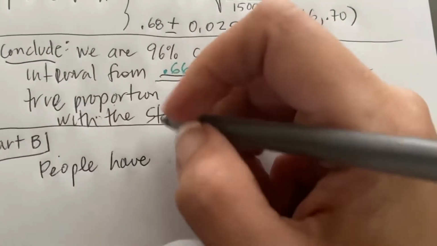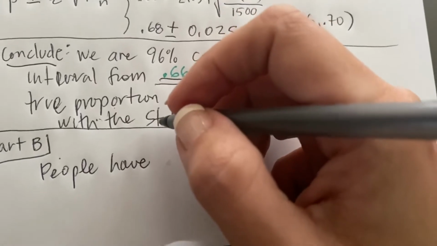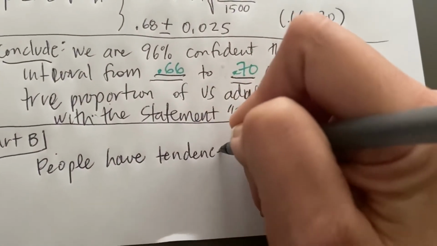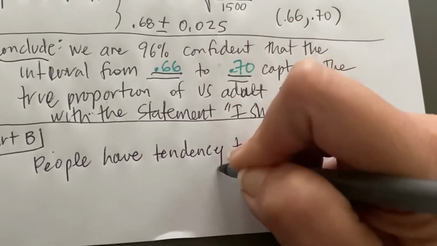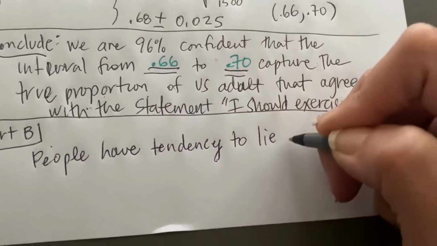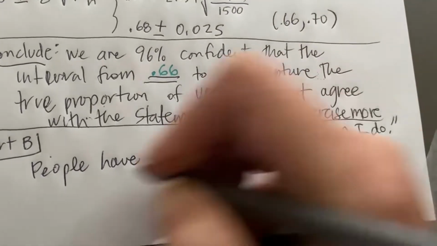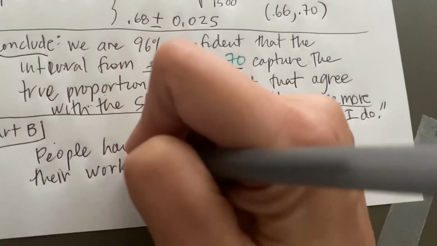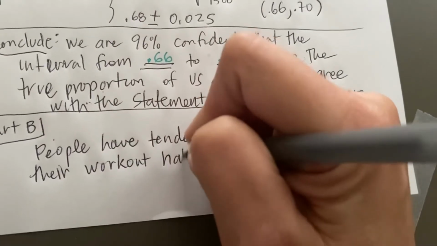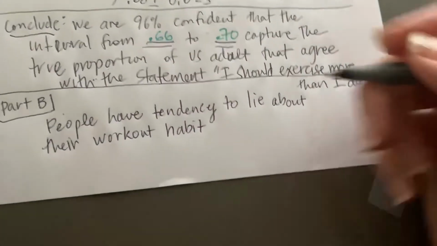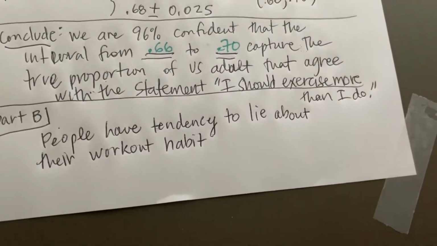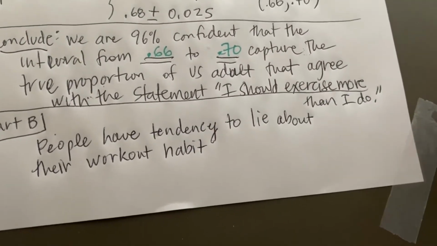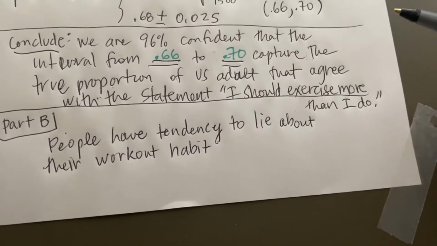People have a tendency to lie about their workout habits. Just like we have a tendency to lie about our age the older we are, or, oh yeah, I work out. I wouldn't say that. But then the minute you get done saying that, you go home and go, holy crap, I should really work out.